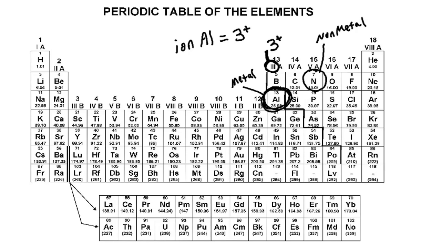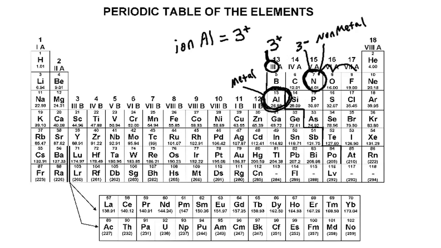And then for nitrogen, nitrogen is over here, and nitrogen's charge is going to be a 3 minus because nitrogen has a tendency to take on 3 extra electrons because nitrogen is 3 columns away from the 8th column.